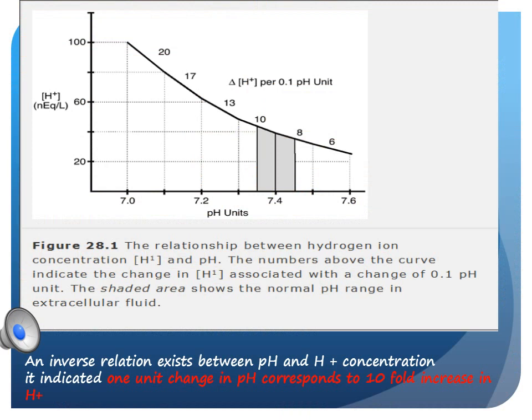The numbers above the curve, like 10, 13, 17, etc., indicate the increase in H+ with the unit change of pH. So the relationship indicates that a 1 unit change in pH corresponds to a 10-fold change in H+. So it has an inverse relationship.